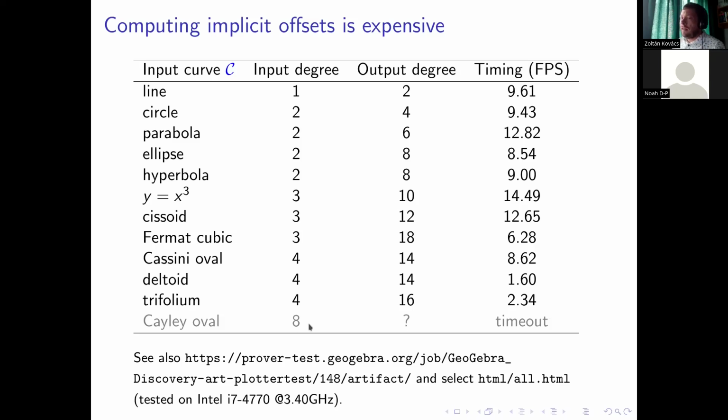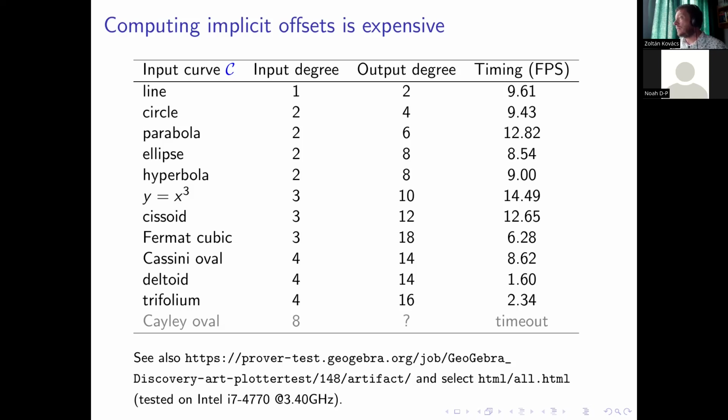Not every attempt is successful, and this Cayley oval is not present in the benchmark because we're still working on it. It is the research topic of Daniel Zirkin, a student of Noah's, and he tries to analyze the situation, to study the case here.